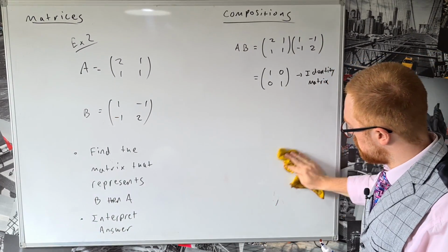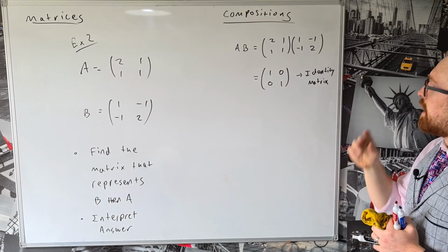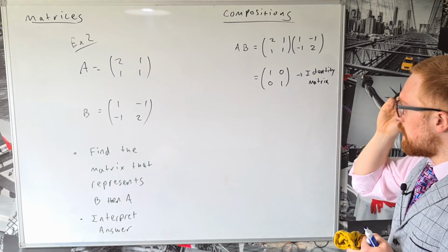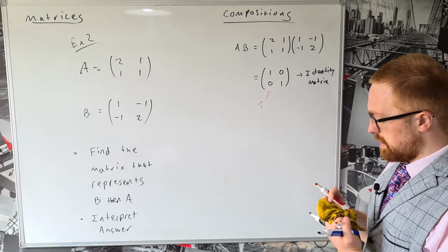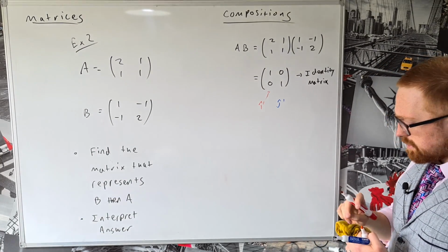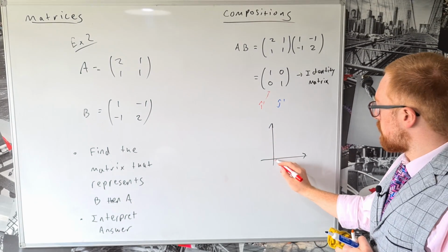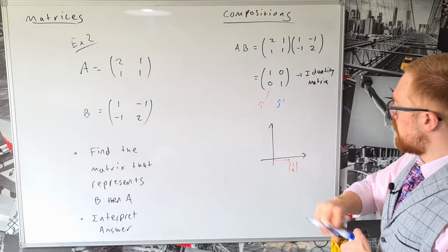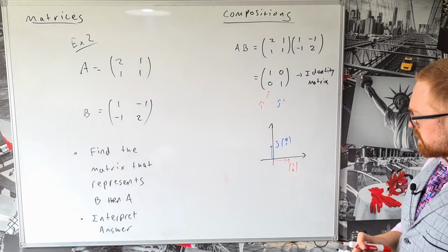So when it's asking us to interpret our results, that's what it wants us to talk about. If we think about the identity matrix as a transformation, remember this is where i hat lands, and this is where j hat lands. But if we think back to our diagram, i hat starts at 1, 0, and j hat starts at 0, 1.